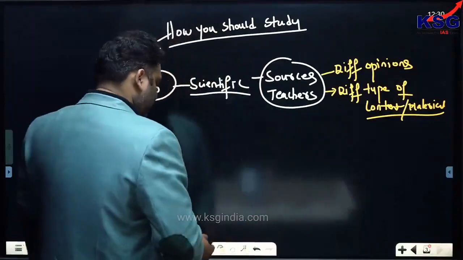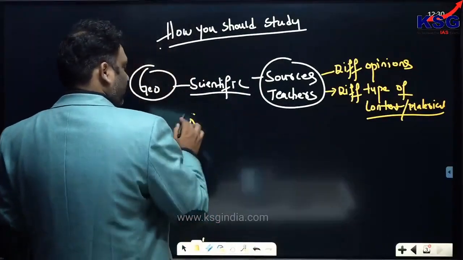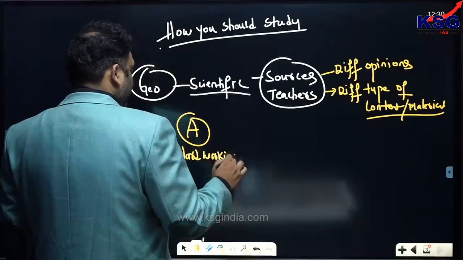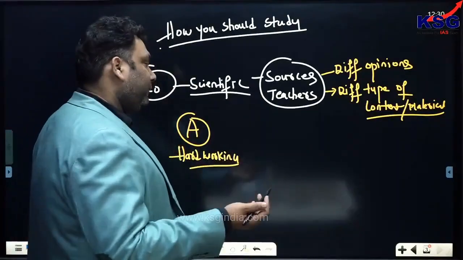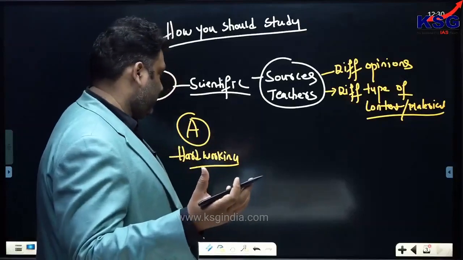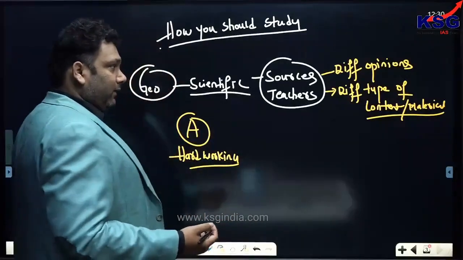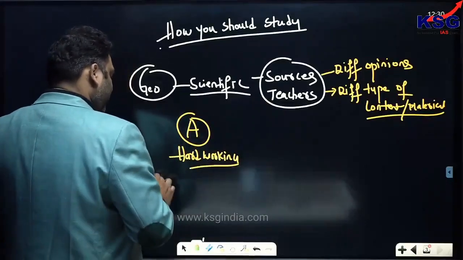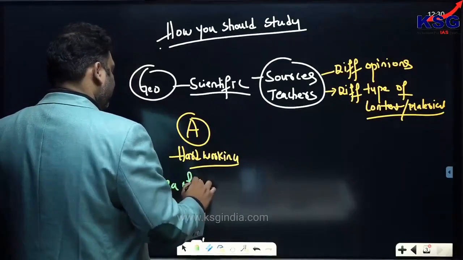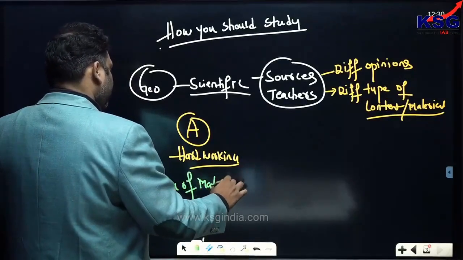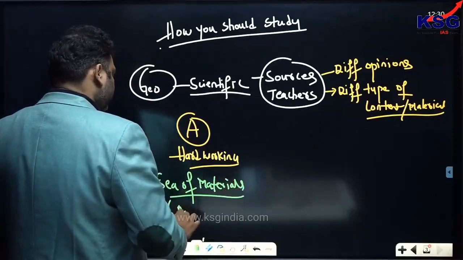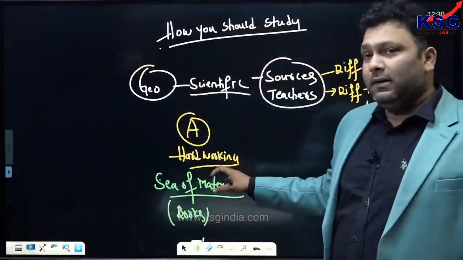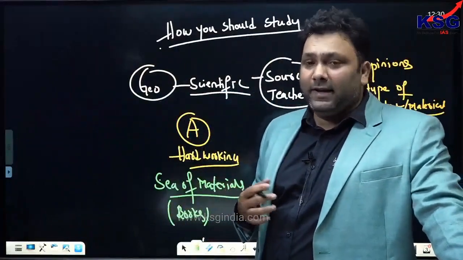Now let's take candidate A. He is hardworking, he studies very hard, sincere भी है, थोड़ा बहुत दिमाग भी है. So what A will be doing is that A will be venturing into all these different materials. They will read a sea of materials, ये बुक वो बुक, बहुत सारे बुक्स पढ़ेगा. So what happens here is that they won't be able to remember anything.